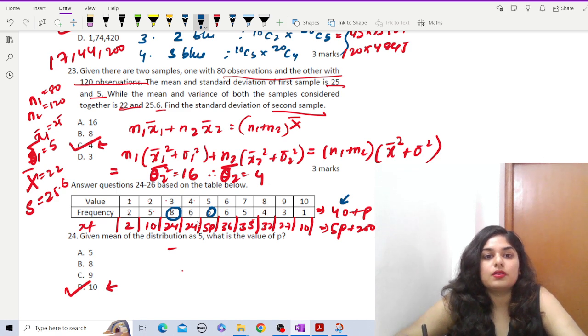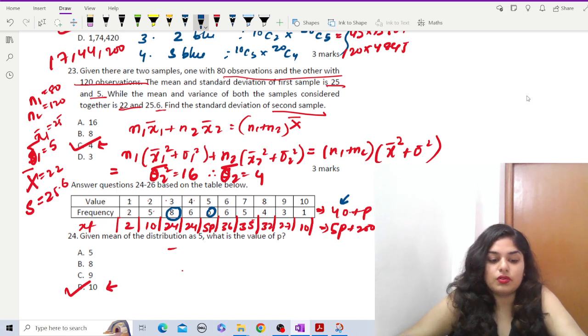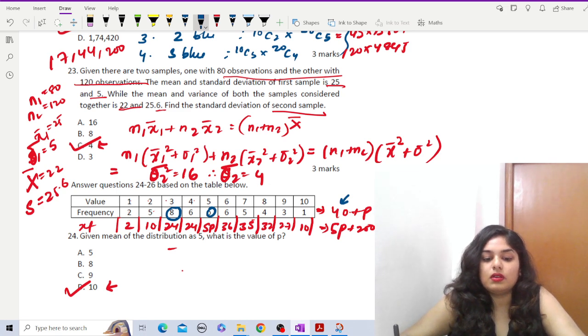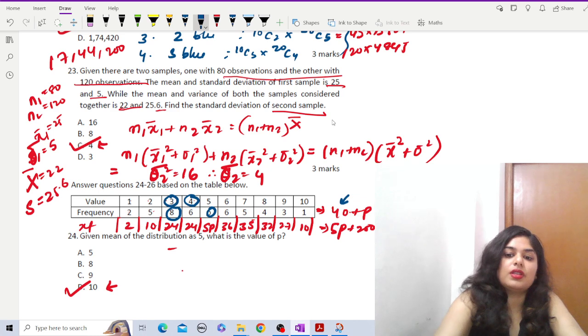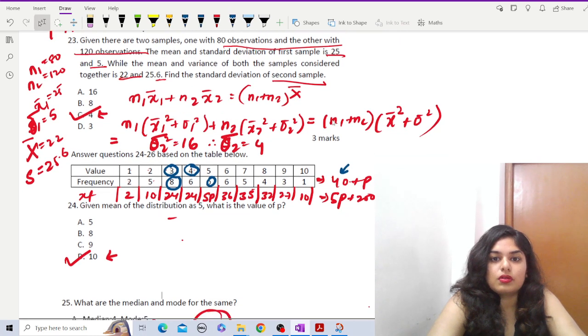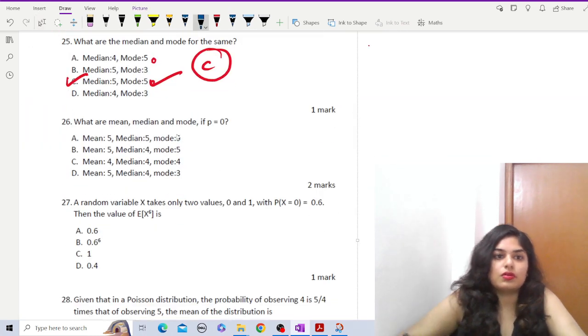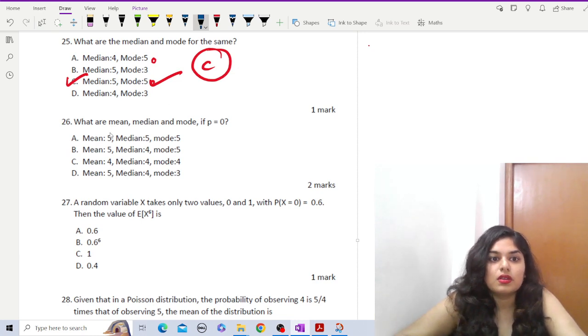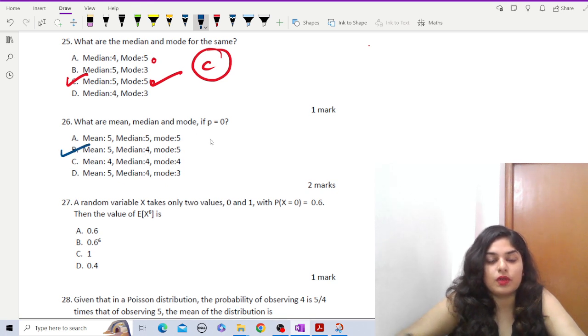So 20 corresponds to this value. So now, in order to find out the median, since it is 20, median will be 4 and mode is 3, and mean does not change, as you know, because both sides the p gets cancelled, 0 and 0, so it balances out. So mean remains 5, median is now 4 and mode is 3, so it's option B.